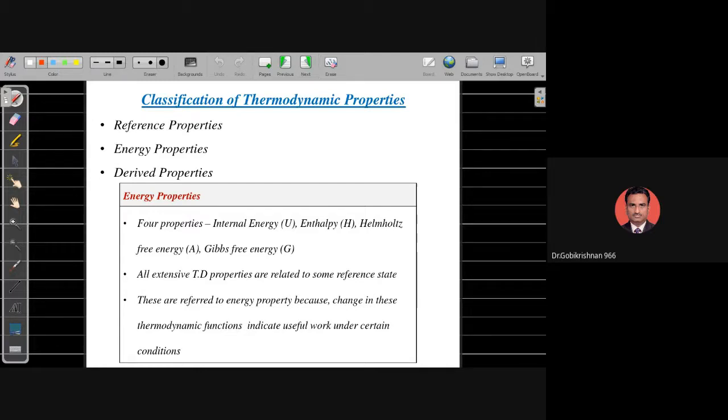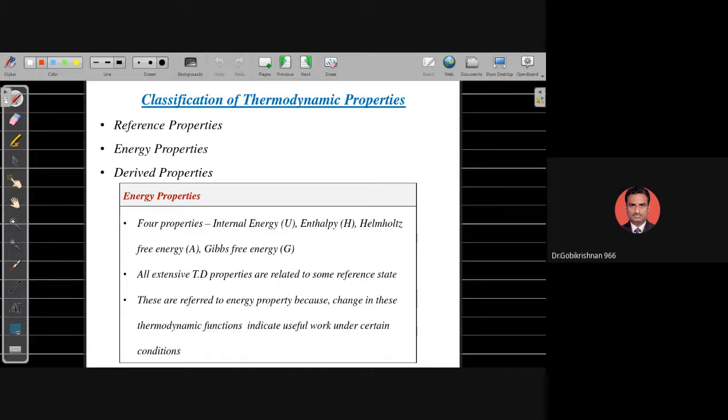Therefore, the electrical energy is the only useful energy available in the case of a galvanic cell. So the useful work for a galvanic cell is the Gibbs free energy. It is a form of chemical energy. That's all. These are the four different types of energy properties.